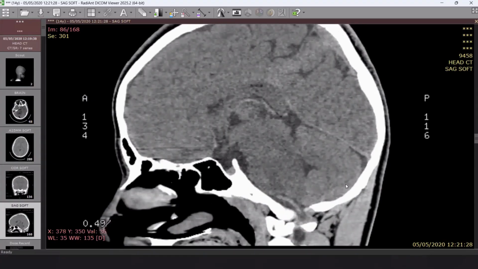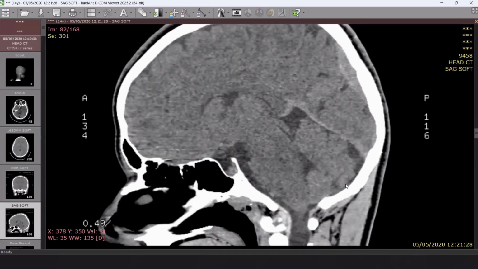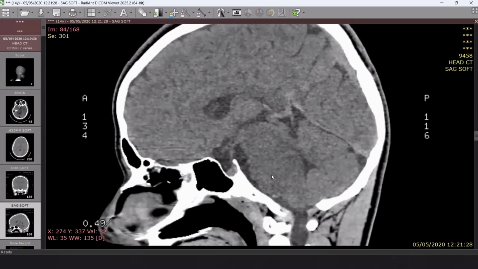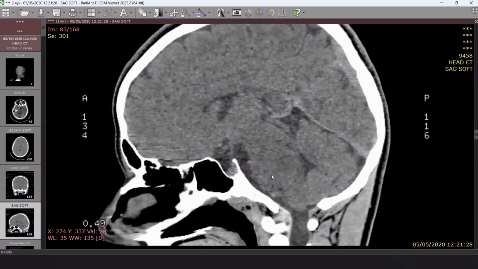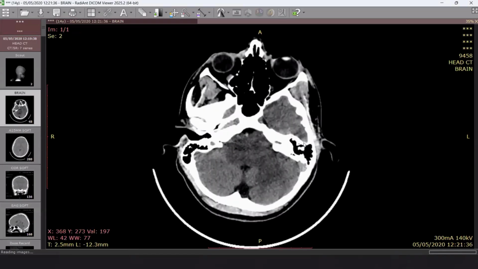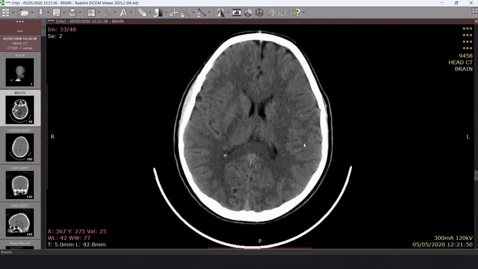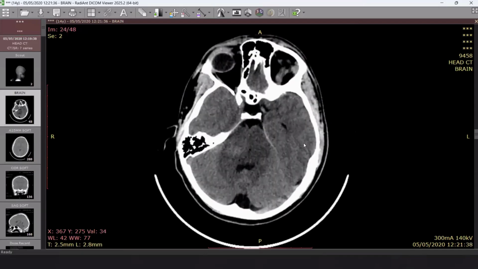Yes, and there is widening and prominence of the basilar cistern above it. It is of intermediate or hypodense signal, with surrounding prominent peritumoral edema as well.